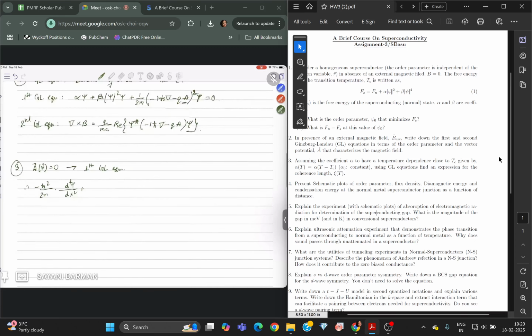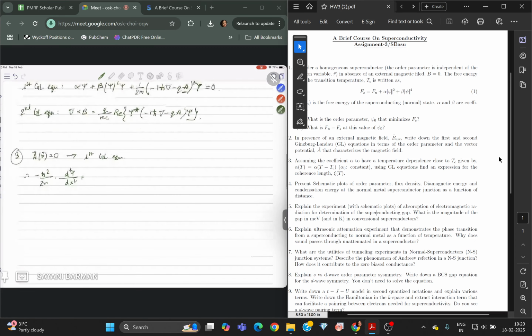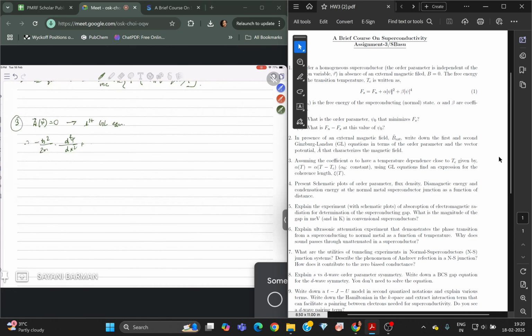This is the GL equation I have already written, plus A alpha plus B equals 0, where alpha is minus alpha naught in the superconducting state. Now the coherence length square, this value is this.